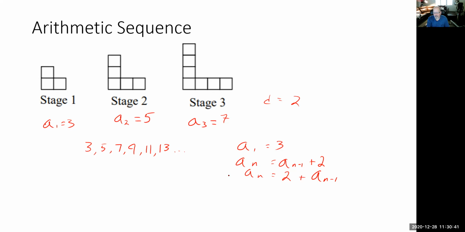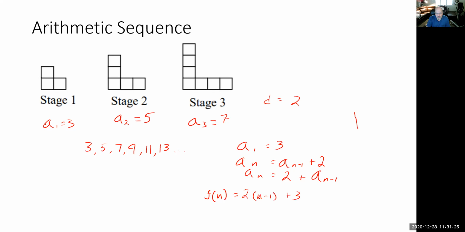So how would you write this in the explicit way? We would write f of n. We're using n instead of x today. It doesn't really matter. We could use x. Okay. F of n equals 2 times n minus 1 plus 3.